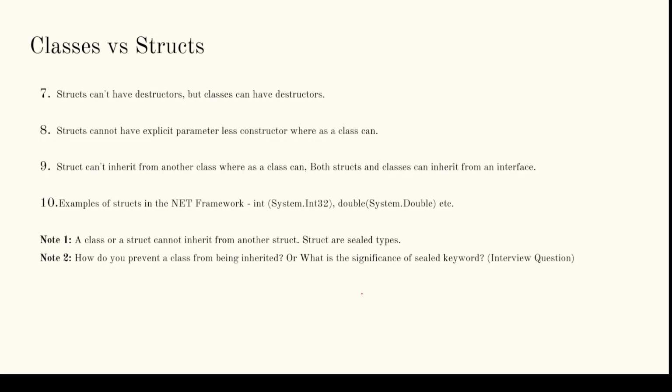Here are some other differences between a structure and a class. Structures cannot have destructors, but classes can, because destructors are used to clean up memory from the heap, and structures don't get stored on the heap. So that's why we cannot create destructors in a struct. Let's go back to Visual Studio and see this.